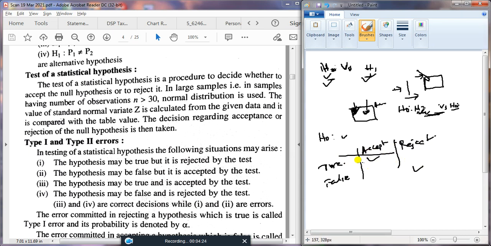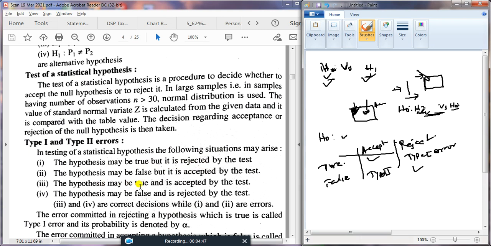But if it is true and it is rejected through the sampling plan, then it is considered a type 1 error. And if it is false and it is accepted with the sampling plan, then it is called a type 2 error. So the hypothesis may be true but it is rejected by the test. The hypothesis may be false but it is accepted by the test.